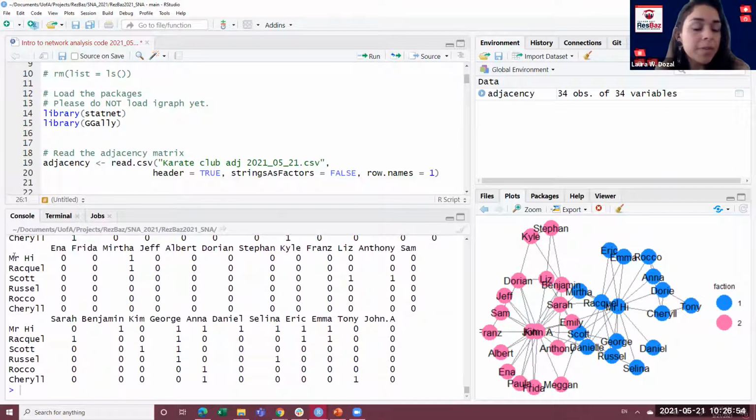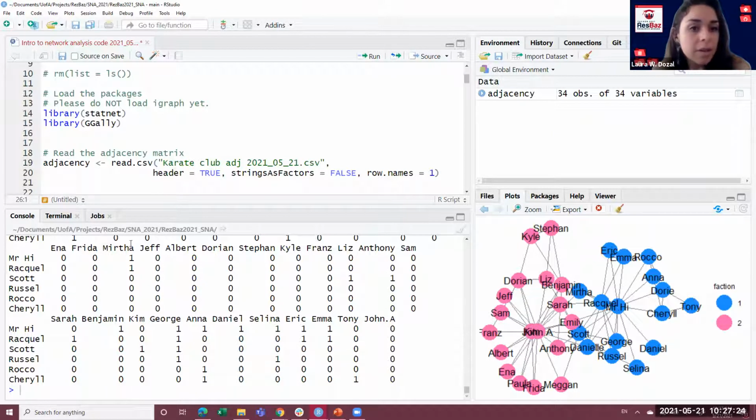So here we have the first 5 actors: Mr. High, Raquel, Scott, Russell, Rocco, and Cheryl. And I believe this is the last few of the network, so we have a good overview of who's in it. And just for an example of reading the adjacency matrix, Mr. High has a connection with Mirta.